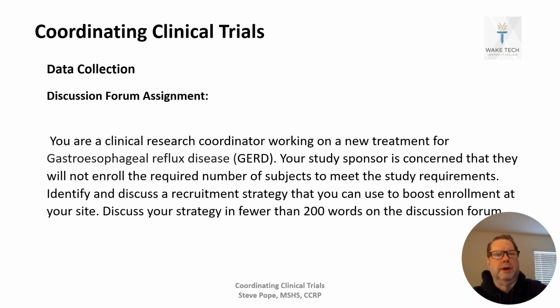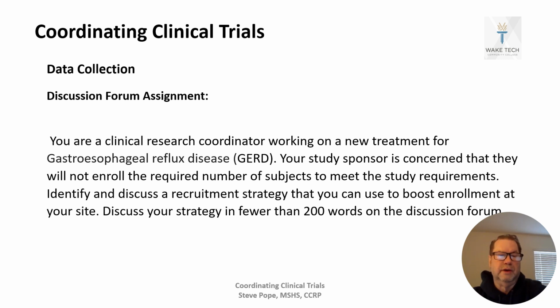And then finally, what I'd like you to do for your discussion forum assignment for this lesson is you're a clinical research coordinator working on a new treatment for GER, gastroesophageal reflux disease. So your study sponsor is concerned that they will not enroll the required number of subjects to meet the study requirements. So I want you to identify and discuss a recruitment strategy that you can use to boost enrollment at your site.